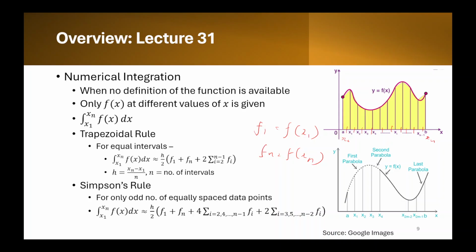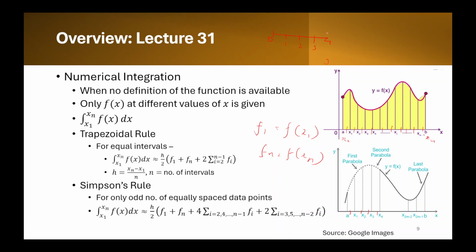And Simpson's rule states that it is applied only for an odd number of equally spaced data points. So the distance between this and this is equal, this and this is equal, all of these distances are equal, and the number of data points should be odd. Suppose there is 0 to 4, and we have 1, 2, and 3.